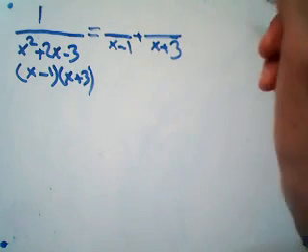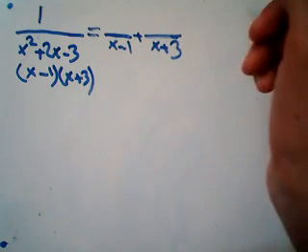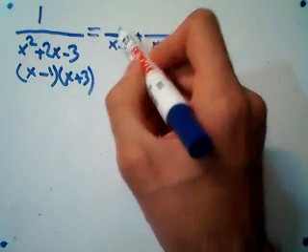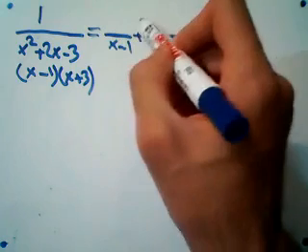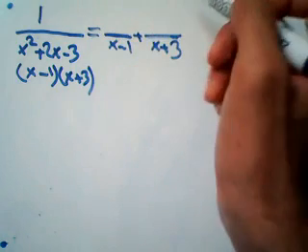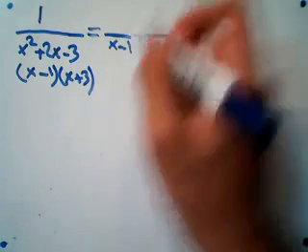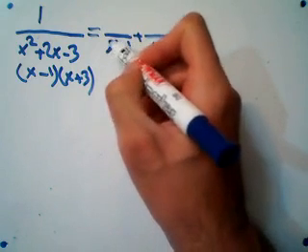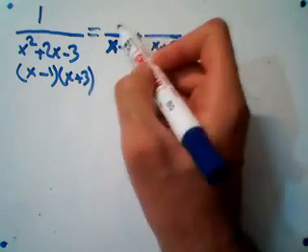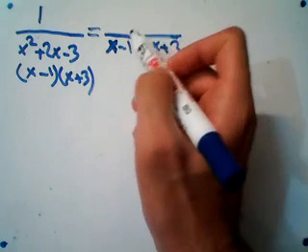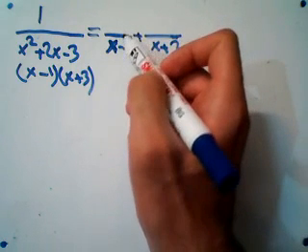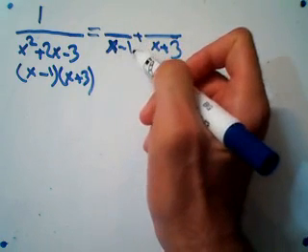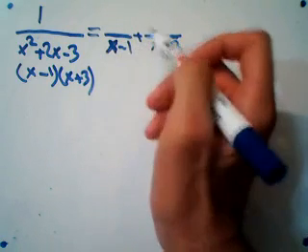But we're not done yet, because we don't know their numerators. So let's calculate those. Now, the degree of the numerator of these fractions is 1 degree smaller than the degree of the denominators.